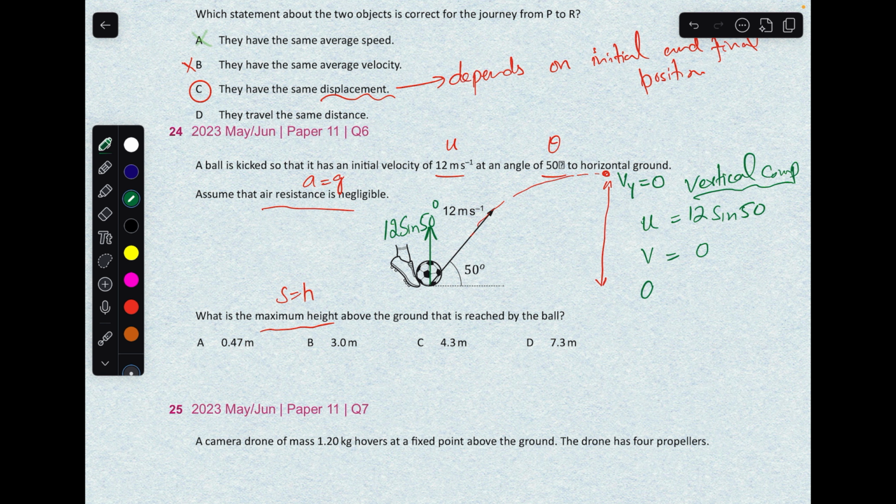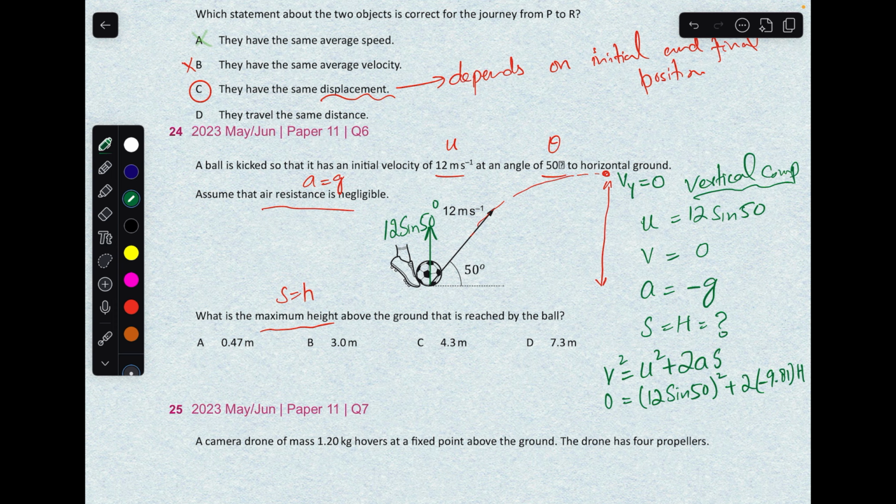Obviously a is equal to minus g, as it is moving up. And the distance is h, that you have to find. So we have to think about the equation of motion that does not need the time, so we can use v squared equals u squared plus 2as. Putting the values, final is 0, initial velocity is 12 sine 50, whole squared, plus 2 into minus 9.81 into h.